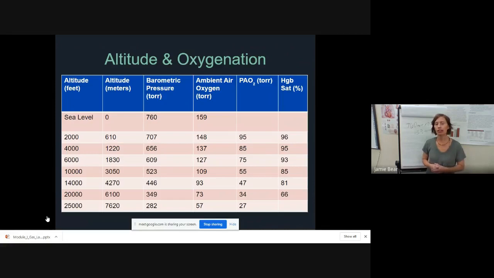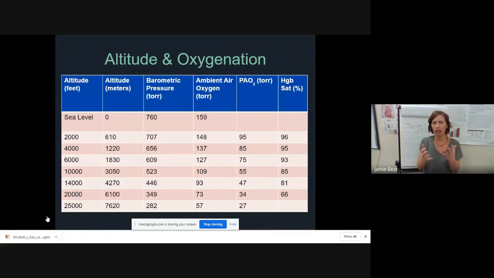Okay, so let's see what happens when we ascend in altitude, meaning when we go up. As you can see from this chart, as the altitude goes up, the barometric pressure goes down. And because the percentage of oxygen in the air mixture doesn't change, our oxygen also goes down as we go up in altitude.